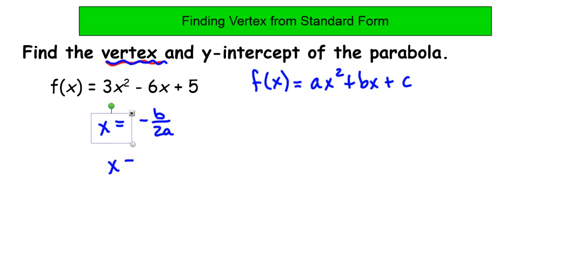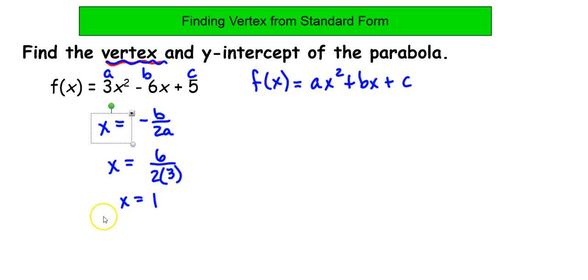So x equals the opposite of b, a negative 6 is a positive 6, over 2 times whatever the number is in front of the x squared term, and that's a. So this is a, this is b, and this is c. So my a in this case is 3. And so my x-coordinate of my vertex is 6 divided by 6, which is just 1.